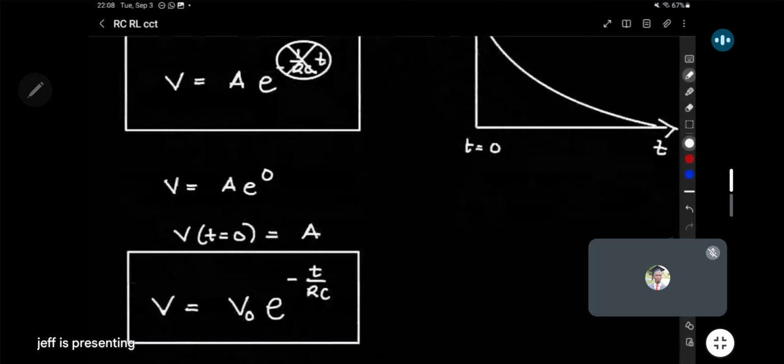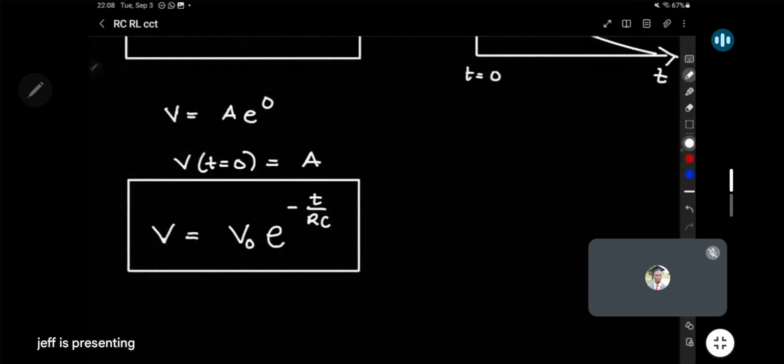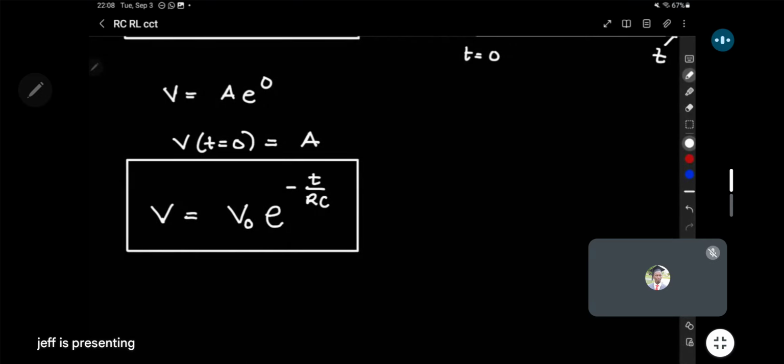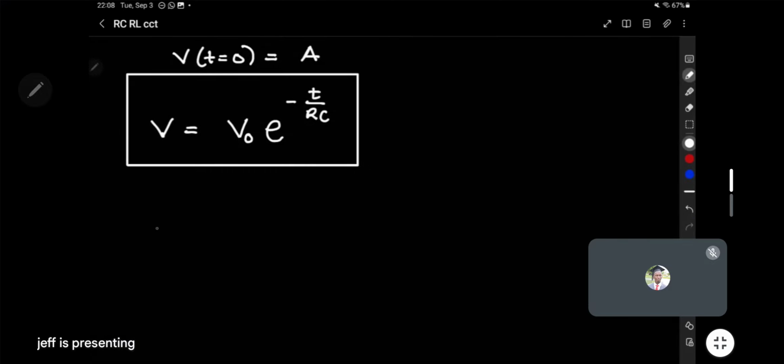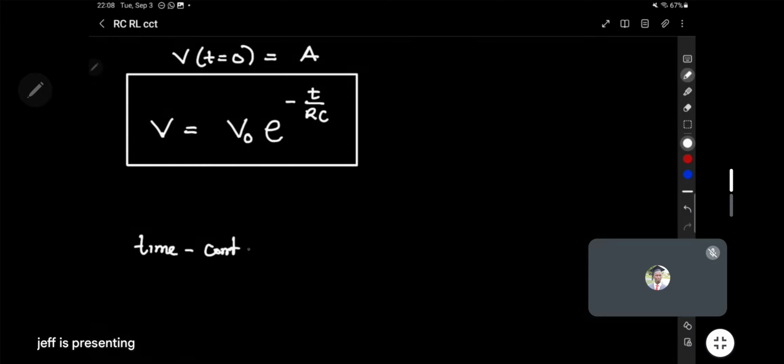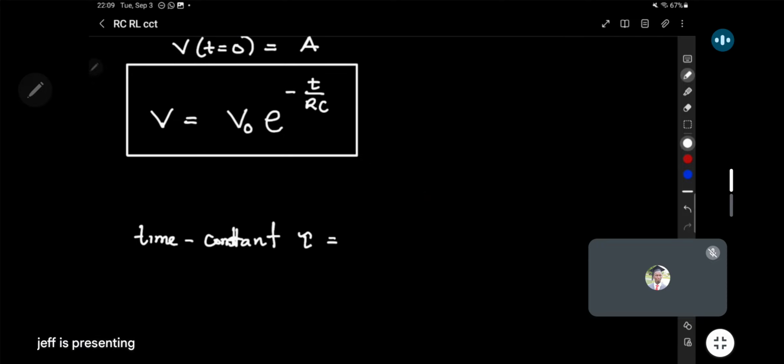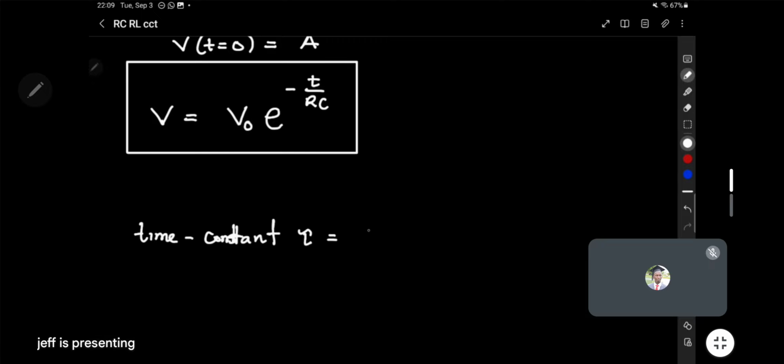Okay. Now we can simplify this expression or write it in other words. It's okay the way it is, but we can define a new constant, and this is called the time constant. If we say this time constant is tau, we define this as RC.